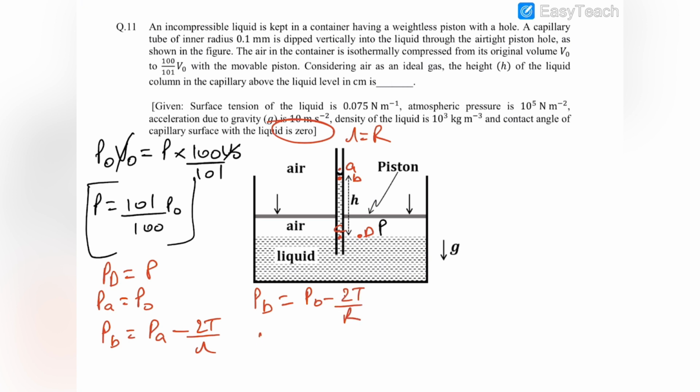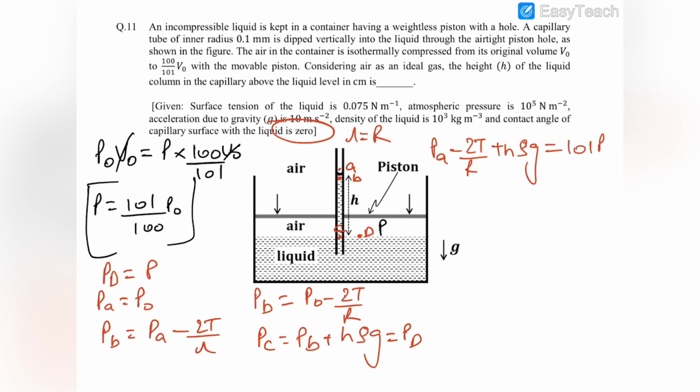Now pressure at C will be equal to pressure at B plus h rho g, and pressure at C will be equal to pressure at D. So pressure at C is PA minus 2T by R plus h rho g, and it would be equal to pressure at D, which is 101 P0 by 100.